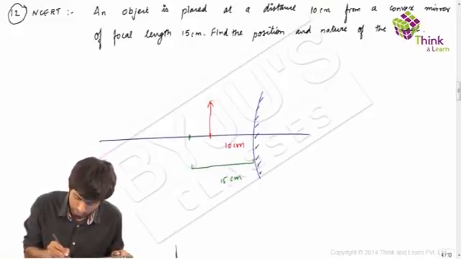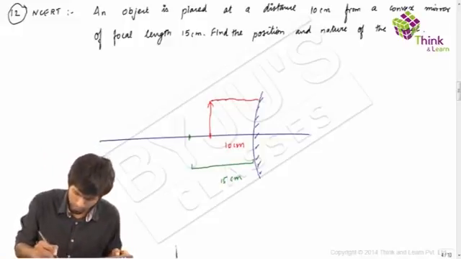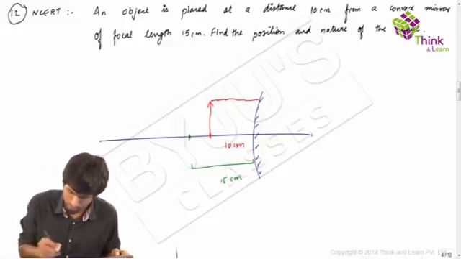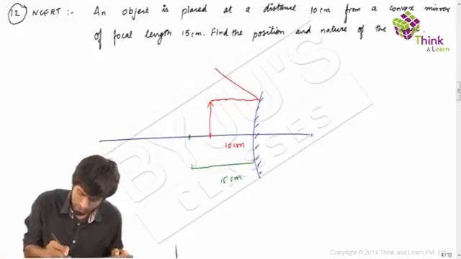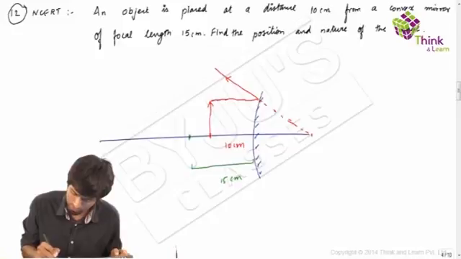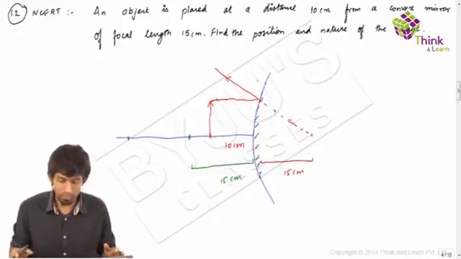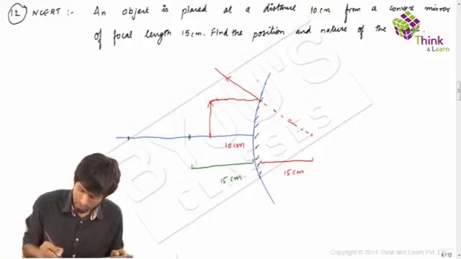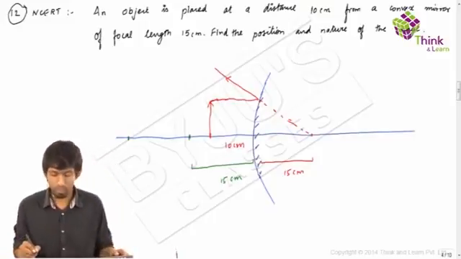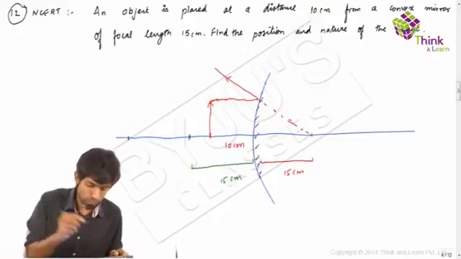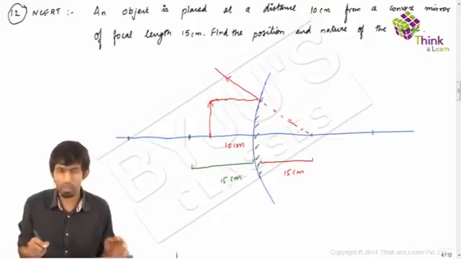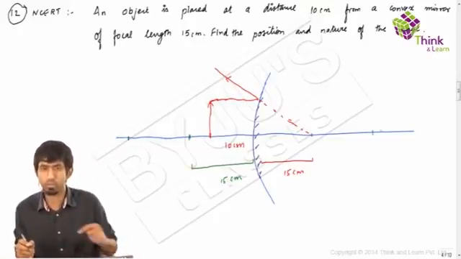So let's take the convex mirror. What's going to happen? It's going to reflect off of some point over here, right? It's going to reflect as if it's coming from that point, which is 15 centimeters away itself. And that's one ray. We need to look for the other ray, right? So let's try and find the other ray. To do that, we need the 2f, which we need to take on the other side, so that the ray behaves as if it's coming from there.